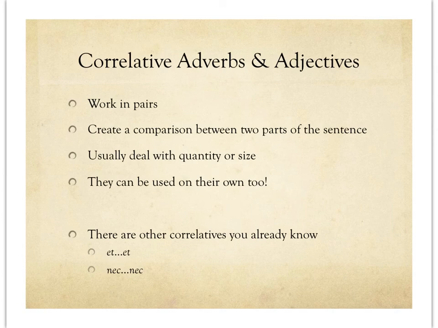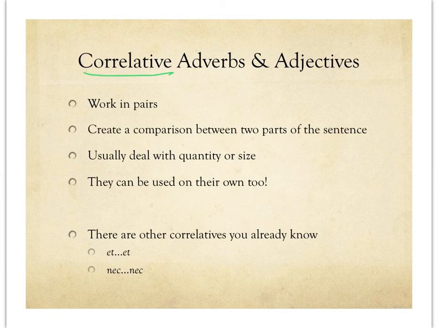The first category we're going to look at are what are called correlative adverbs and adjectives. Correlative is just a word that means that you have a pair of adjectives or adverbs working as a pair to have a special meaning.